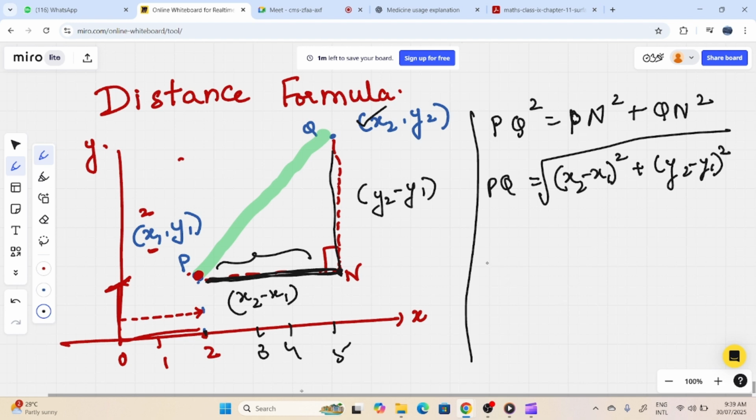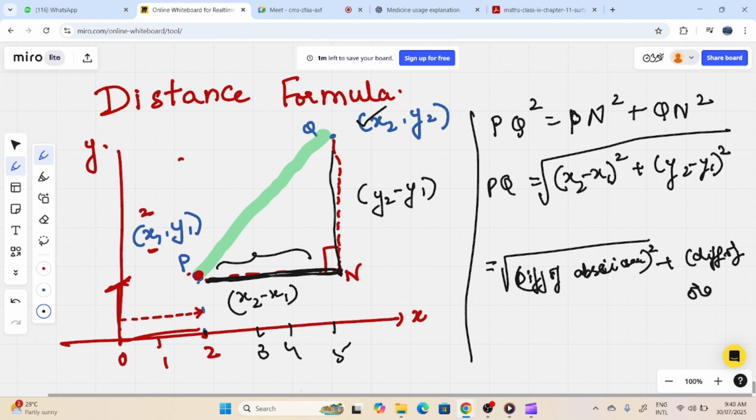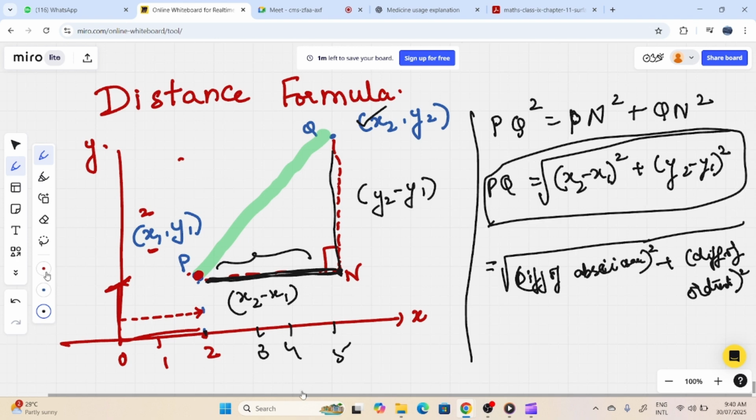If you have to learn it, you will say under root difference of abscissa whole square plus difference of ordinate whole square. This is the most important formula which will help you get lots and lots of marks.